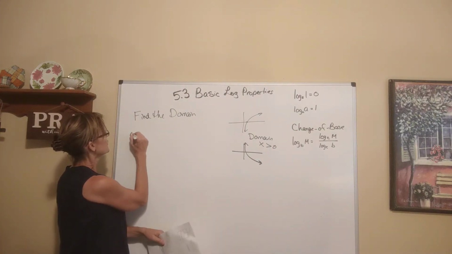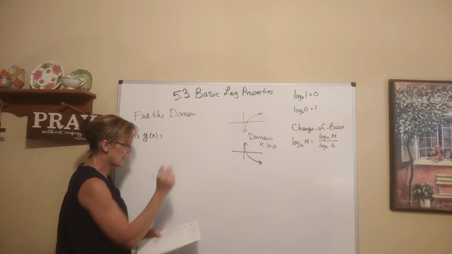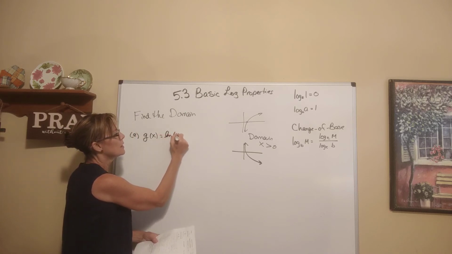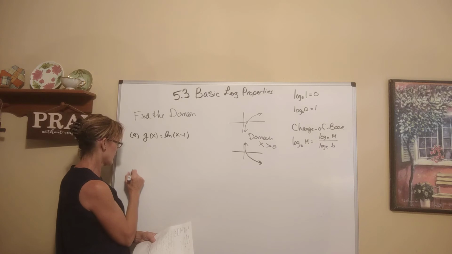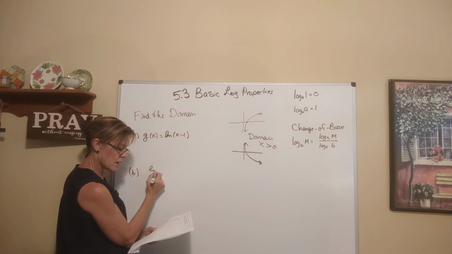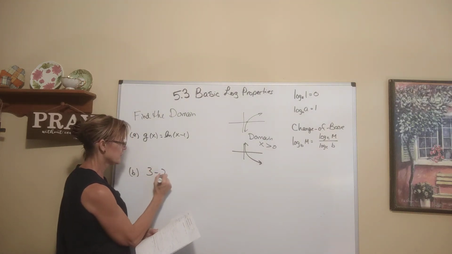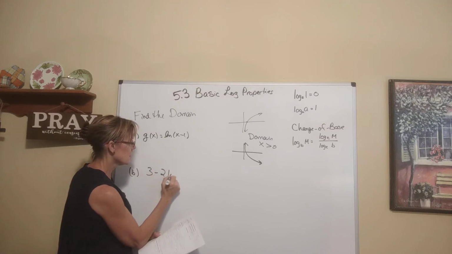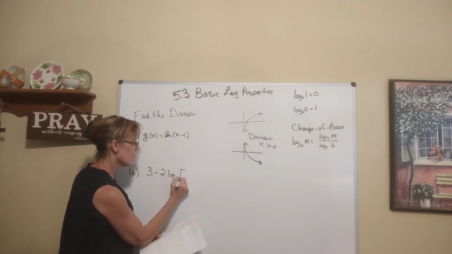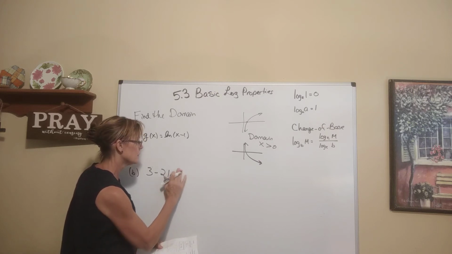We'll find the domain for this function, g of x, which is equal to the natural log of x minus 1. And then we'll find it for the natural log of, no, sorry, 3 minus 2 times log base 4 of x over 2 minus 5.